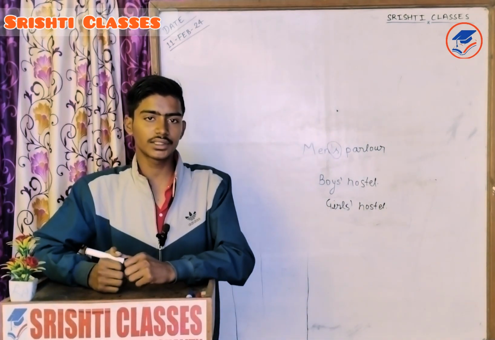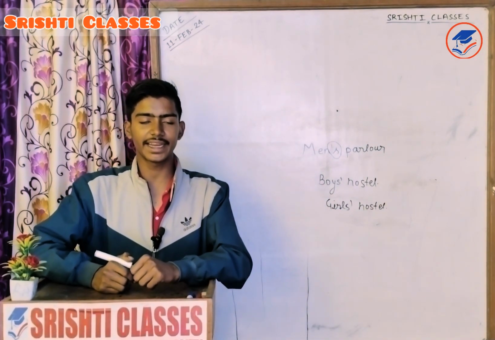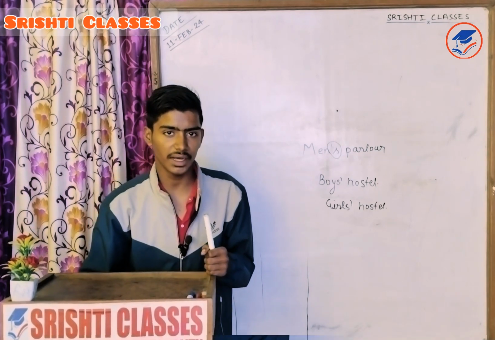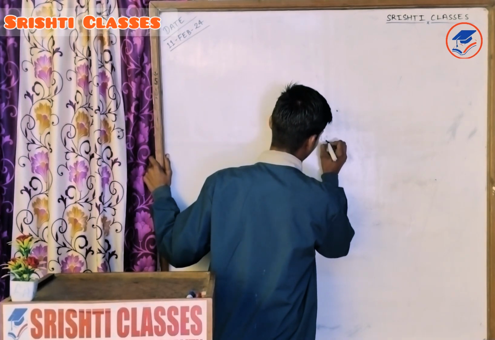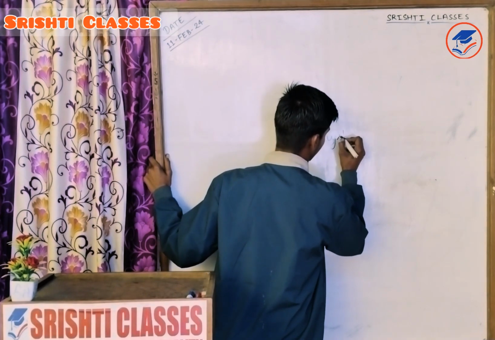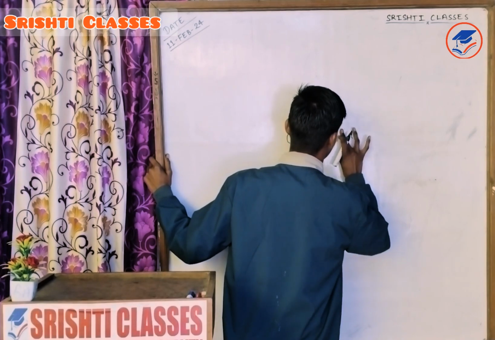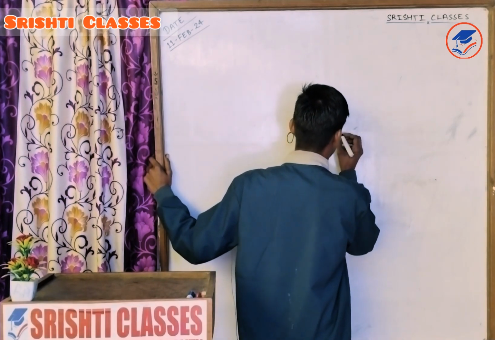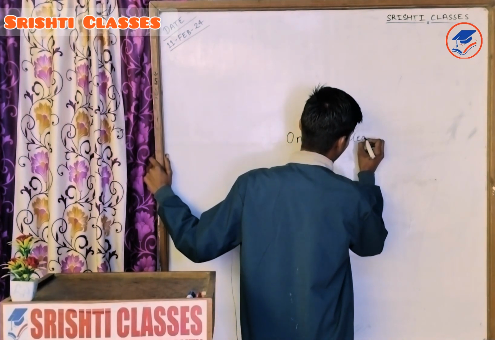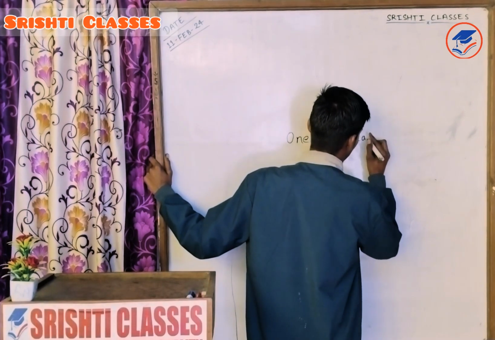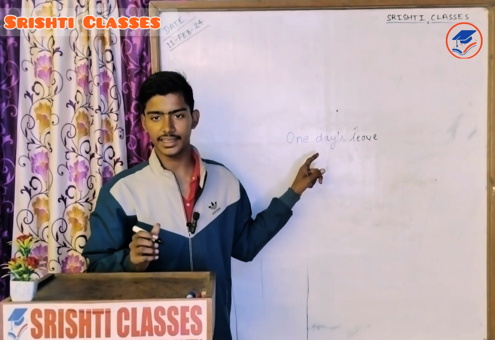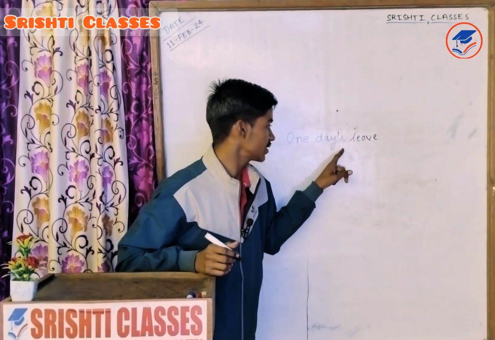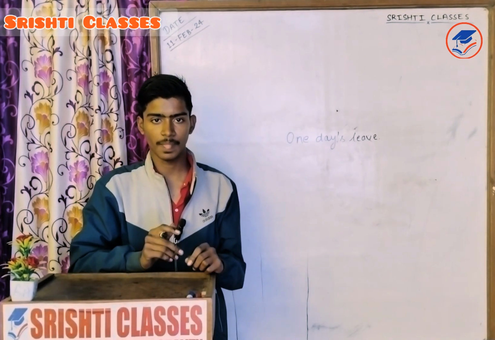We use apostrophe s with time indicating words. For example, one day's leave. Here one day is time indicating and we use apostrophe s to show its possession.